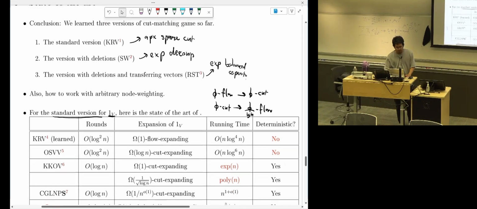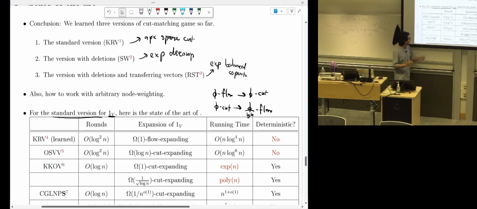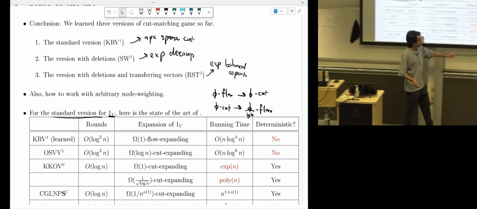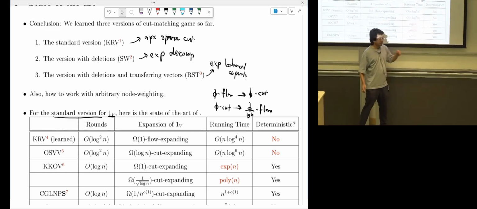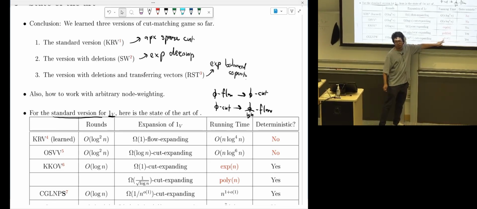During my postdoc, together with Julia Chuzhoy, Yu Gao, Jason Li, Danupong Nanongkai, and Richard Peng, we show that we can get a deterministic version too, and it's also quite fast. It's almost linear time.